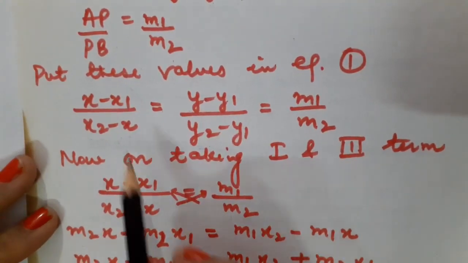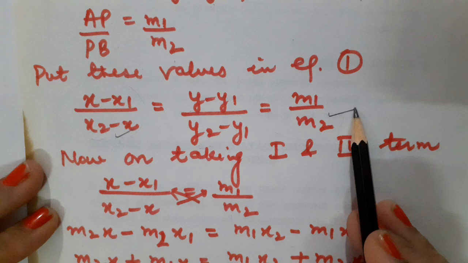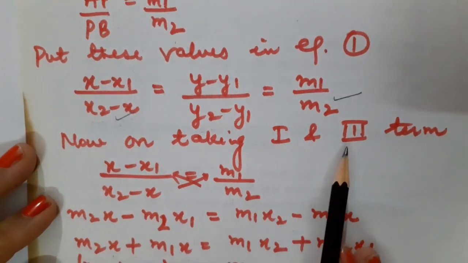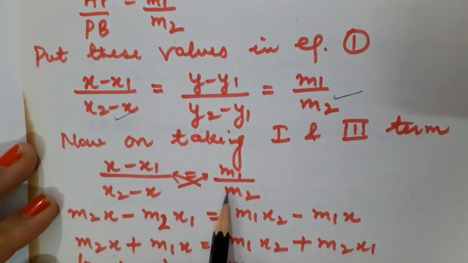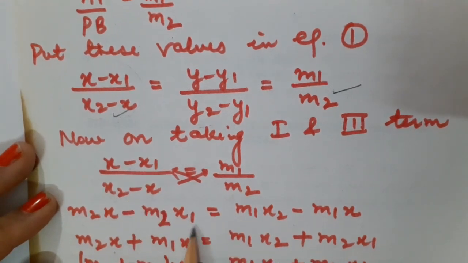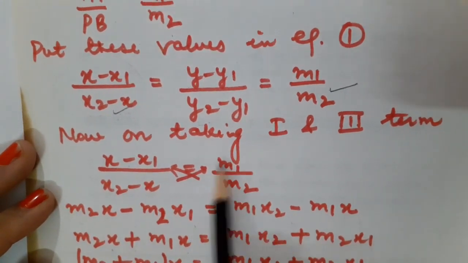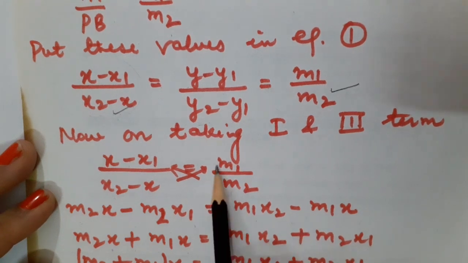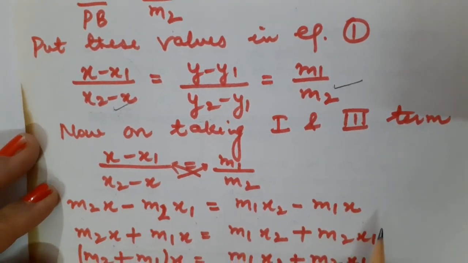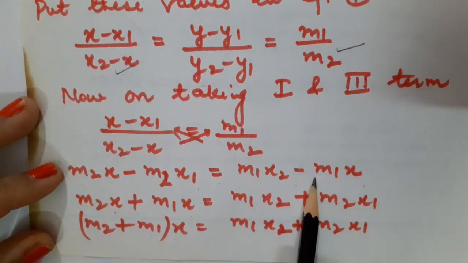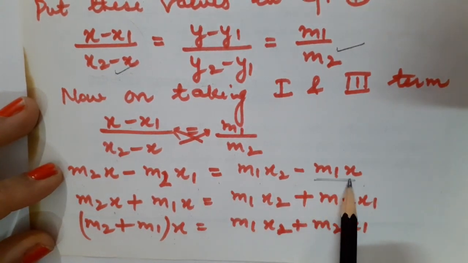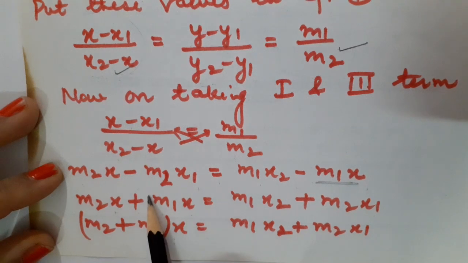Now I will be taking first as well as the third terms. So while cross multiplying, I will be getting m2 into x minus m2 into x1 is equal to m1 into x2 minus m1 into x. Okay. Now I am going to take both the terms which are containing x on left hand side. So m1x will go on left hand side.